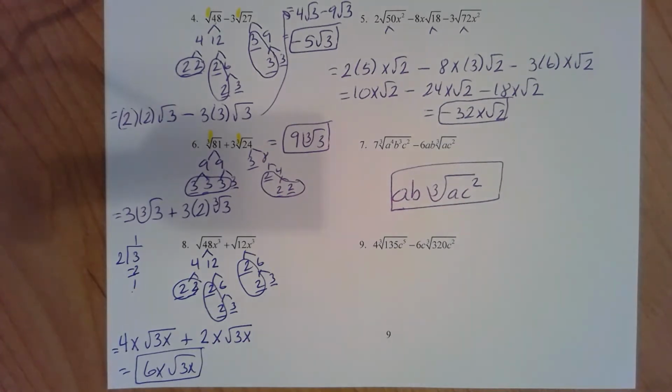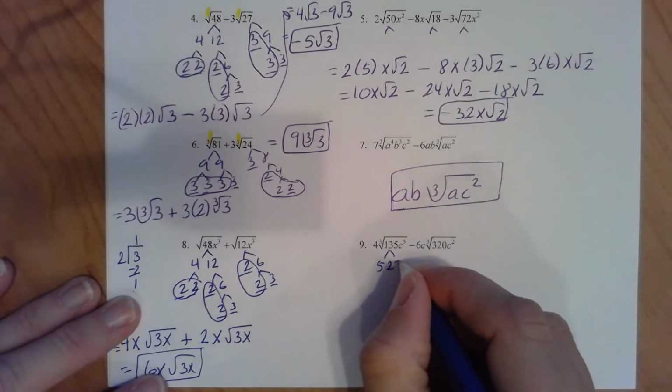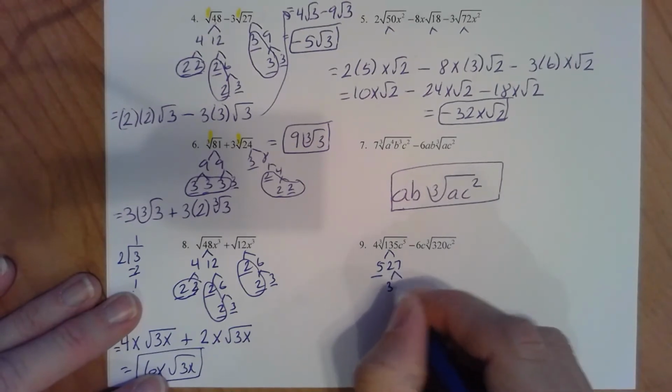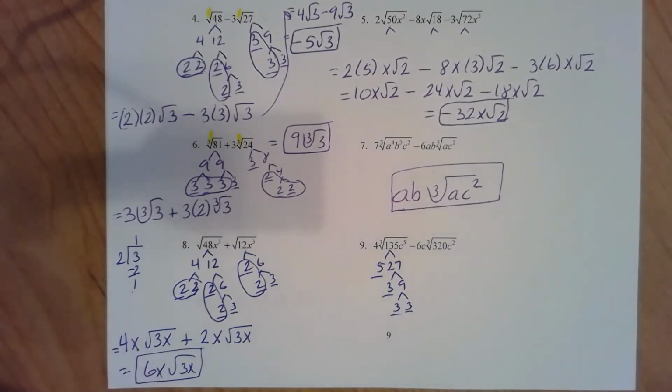Alright, so looking at number 9, we have a 135. When you see a 5 at the end or a 0 at the end, you know it's going to be divisible by 5. So take your calculator and just do 135 divided by 5. And you're going to see it's 5 and 27. So this is going to be 5 and 27, 5 is prime. 27 is 3 times 9, and 9 is 3 times 3. Look at what your index is.